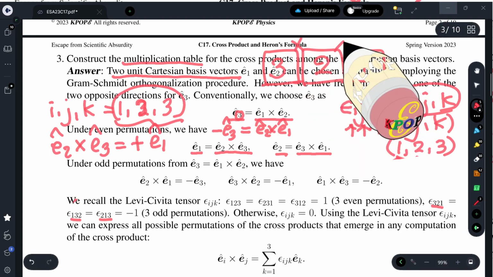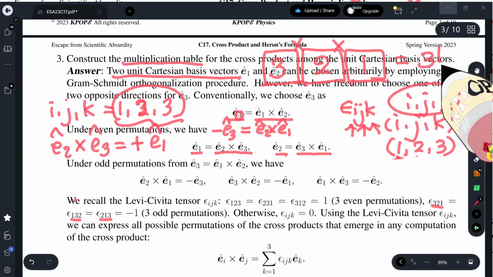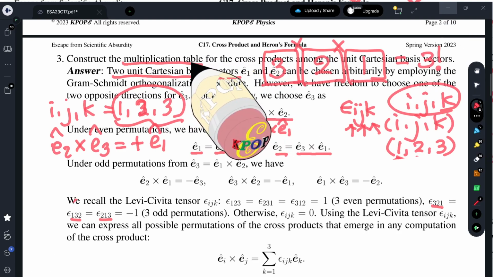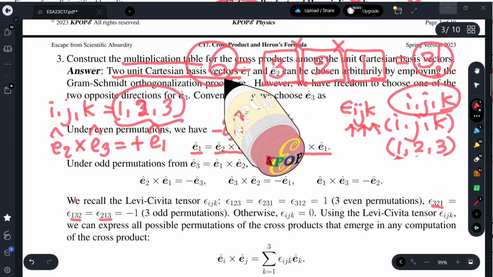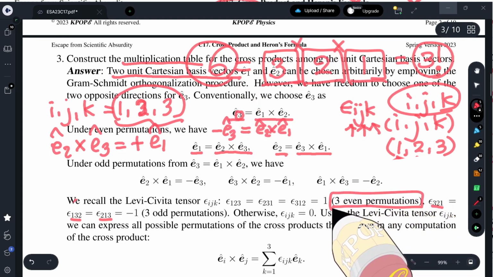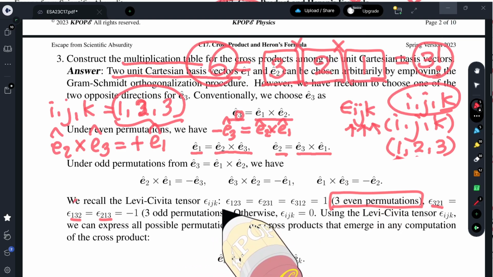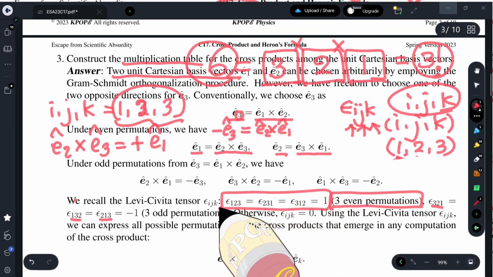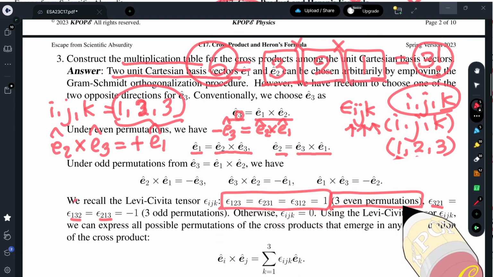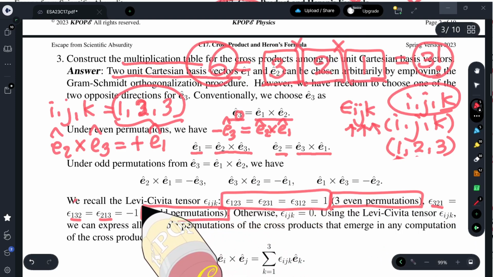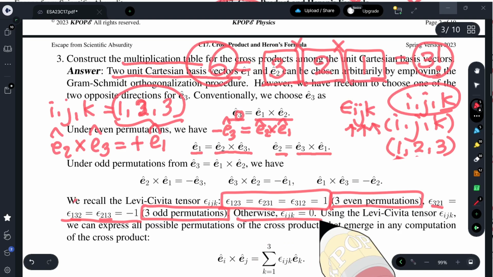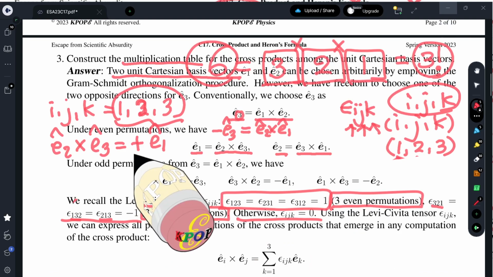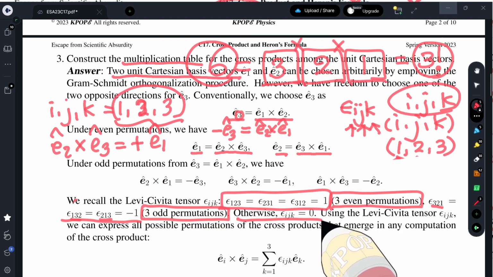This is the multiplication called 3 factorial, and this is the number of distinguishable permutations. Among 6 permutations, I have 3 even permutations that give the Levi-Civita tensor to be plus 1, and the remaining 3 permutations give the Levi-Civita tensor to be minus 1. Otherwise, every Levi-Civita tensor must be 0.